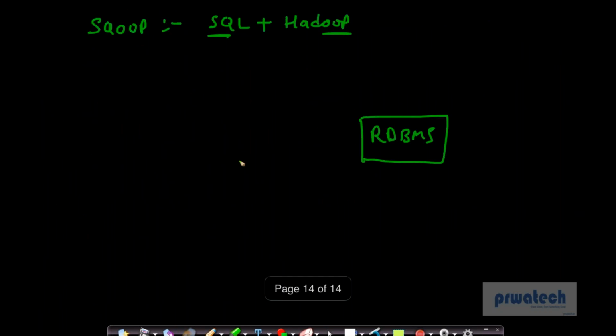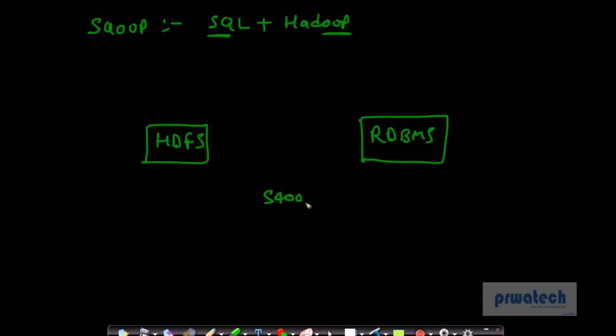So RDBMS, and I need all this data in HDFS. So I want to create a bridge here, right? I want to create a bridge here for communication, and that bridge is created by Sqoop, and this is a utility.